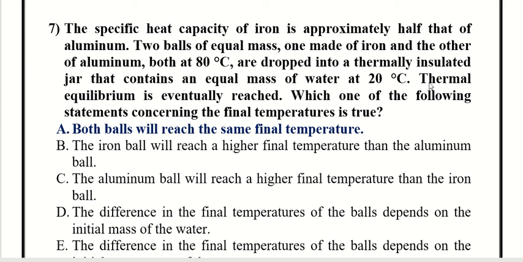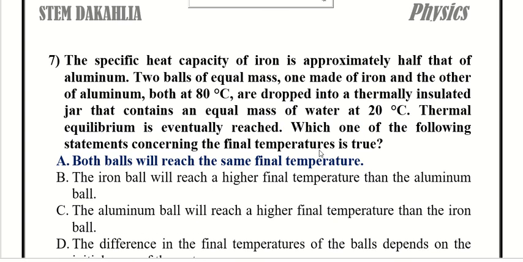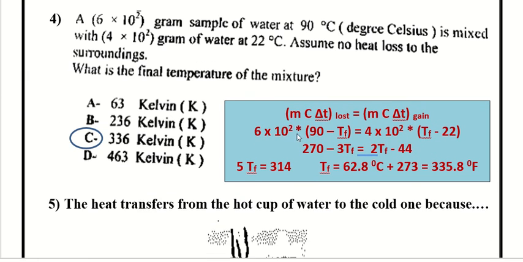As he mentions that thermal equilibrium is reached, the temperatures must be the same for all objects found in the system. So both balls must have the final temperature equalized with the final temperature of water. And we said here in these relations, the difference between temperatures may differ, but the final temperature is the same.